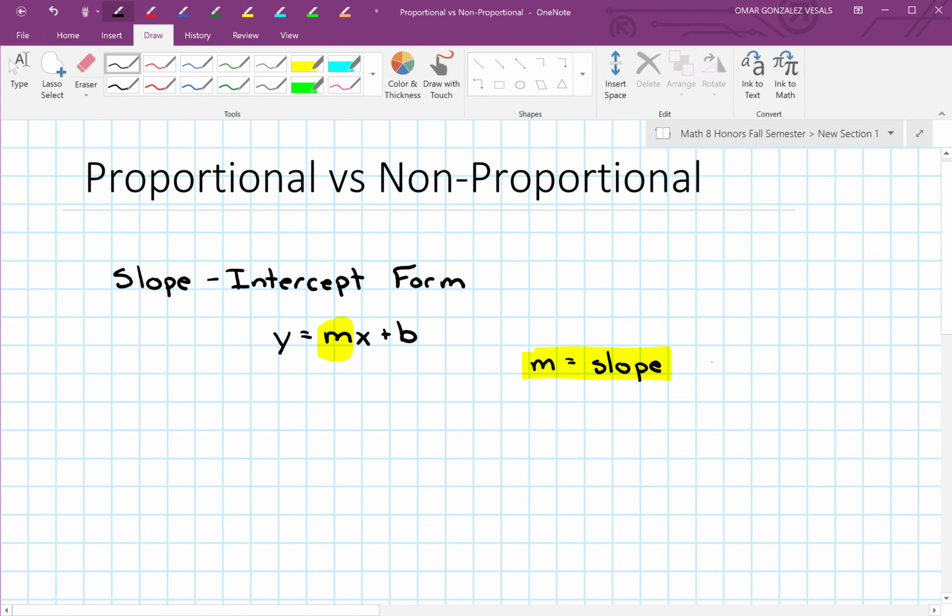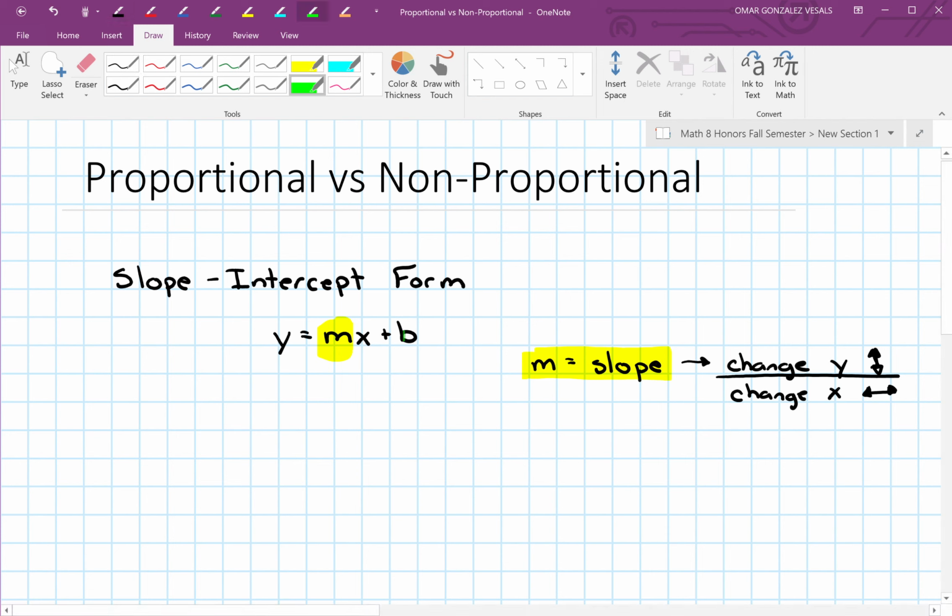A slope, guys, a good way to look at slope is it's a change in the y direction, that means how much you go up or down, over a change in the x direction, which means how much you go to the left or right. So change in y is whether you go up or down. Change in x is whether you go to the left or right. So all of that is slope.